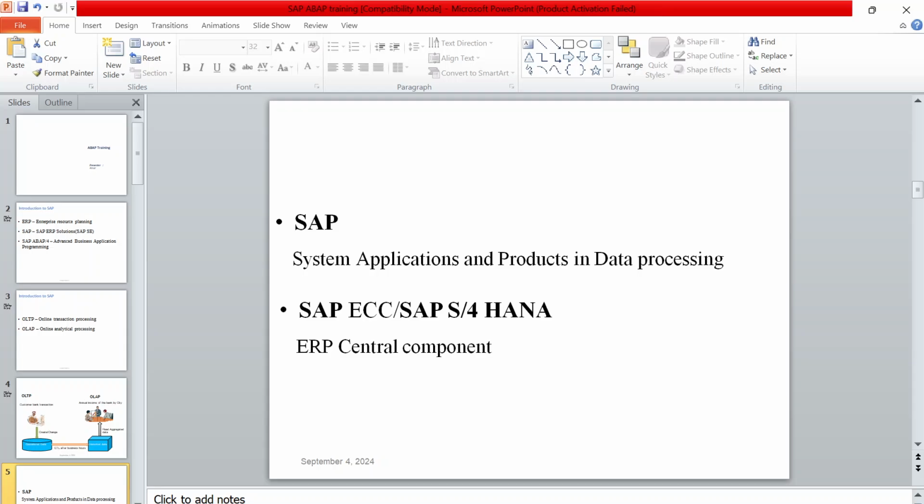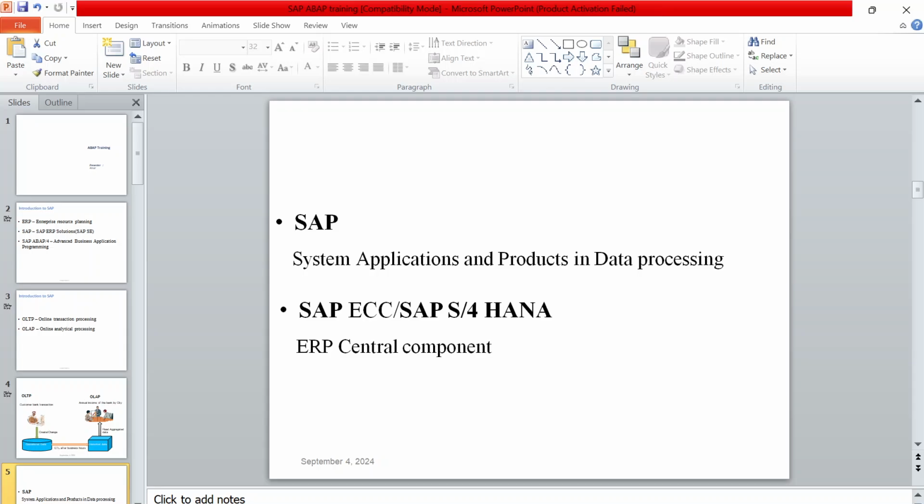Apple also uses SAP ERP to run their organization's business processes. If you take any large organization, most of them are using SAP ERP. That's why there is a huge demand for SAP consultants. There are different functional domains available, but there is a huge demand for ABAP developers.